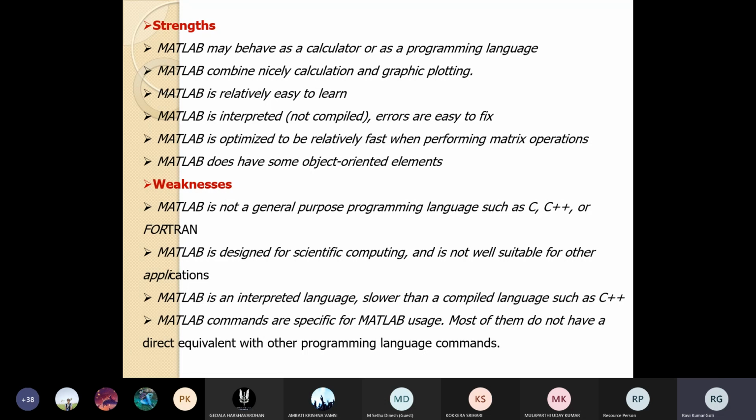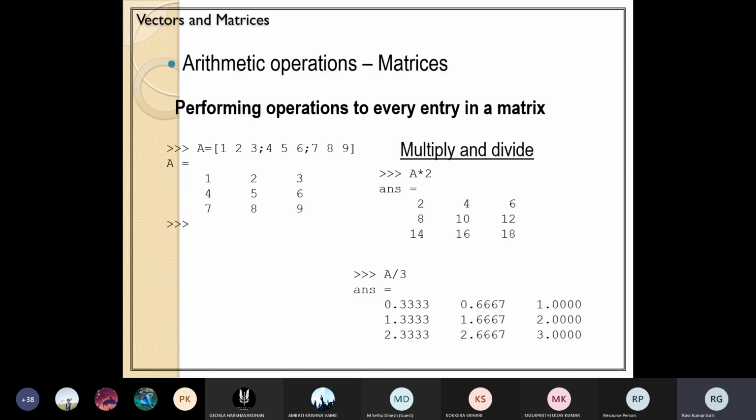It is an interpreted language, slower than a compiled language, and commands are specific to MATLAB usage. And one more drawback is, if you design a Simulink file in a lower version, the file may be executed in the higher version. Normally, a higher version Simulink file may not be executed in the lower version. That is one more drawback.